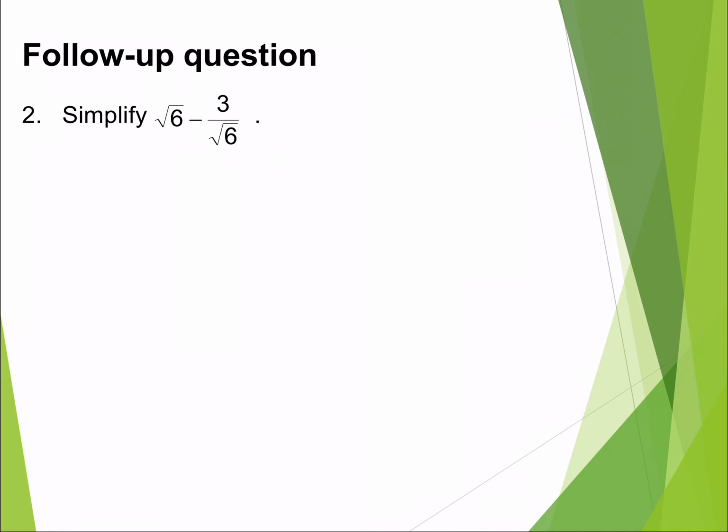So one more question. It is a subtraction of surd numbers, but pay attention. This one, square root 6, is actually a denominator with 1, so it is okay. We don't need to rationalize the denominator. We keep it. But for this one, we need to rationalize the denominator first.